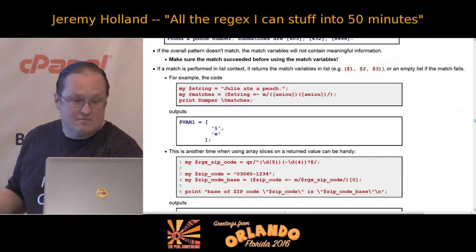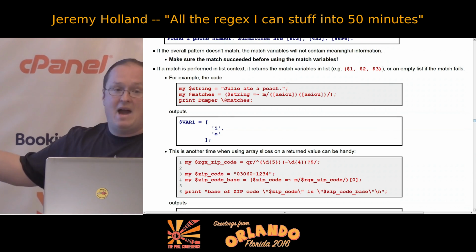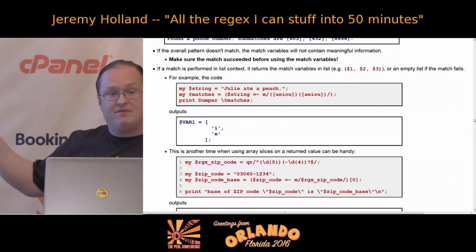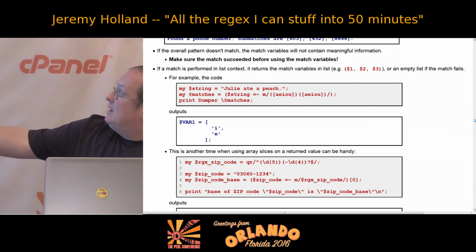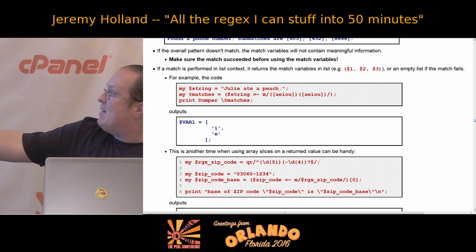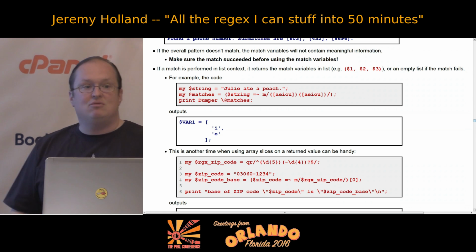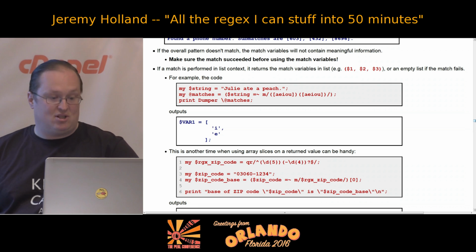In list context, if you do a match, it returns those variables, $1, $2, $3, as a list. So if you have a pattern which looks for two vowels and each one is its own submatch, and you match that against this string in list context, what's going to get returned are the I and the E, which are the two subpatterns from the place where it matched.